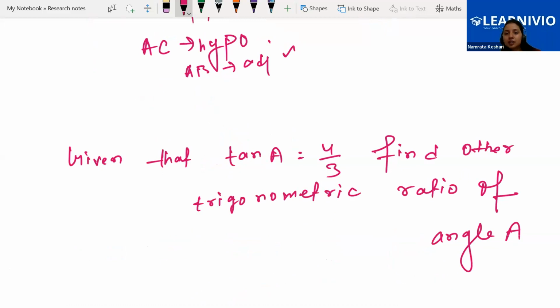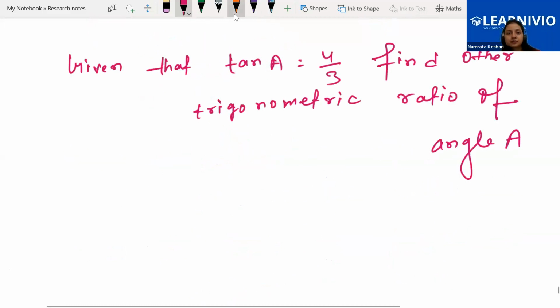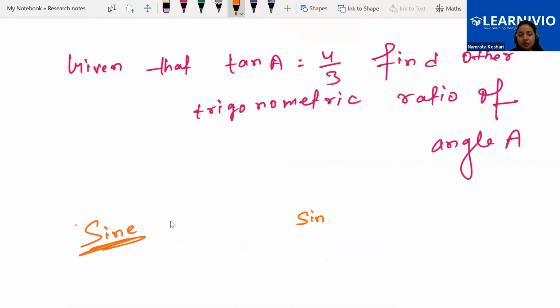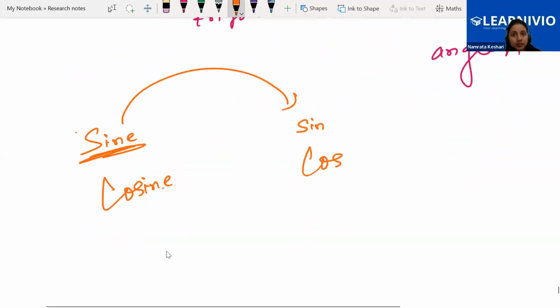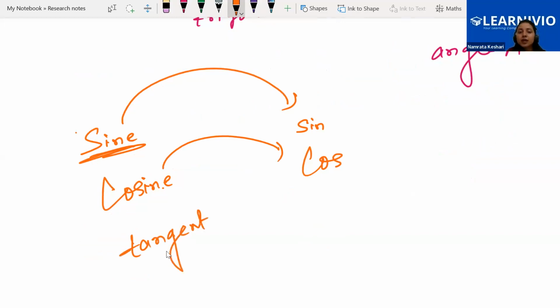Now let me clear one thing over here. Sin is just the shortened version of the name. The exact name is sine, and we write it as sin. The exact name is cosine; we also write it as cos. Whenever it is written in the exam as cosine, please don't get confused. Tan means tangent. Cot means cotangent.